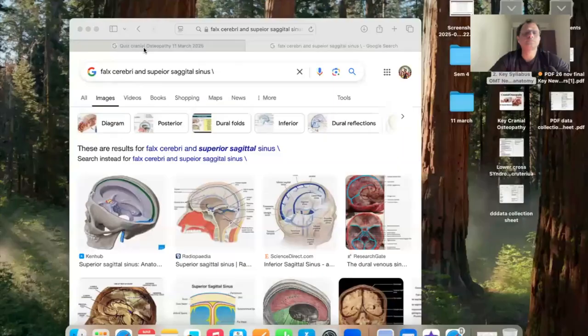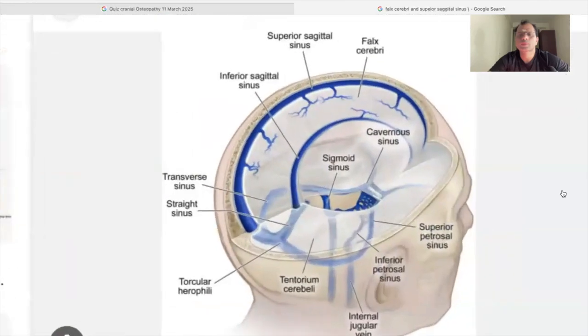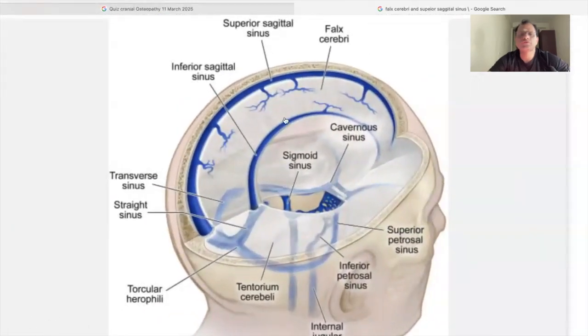So just if we look at this image, look at this. In this image, if you see the upper, it's written superior sagittal sinus.